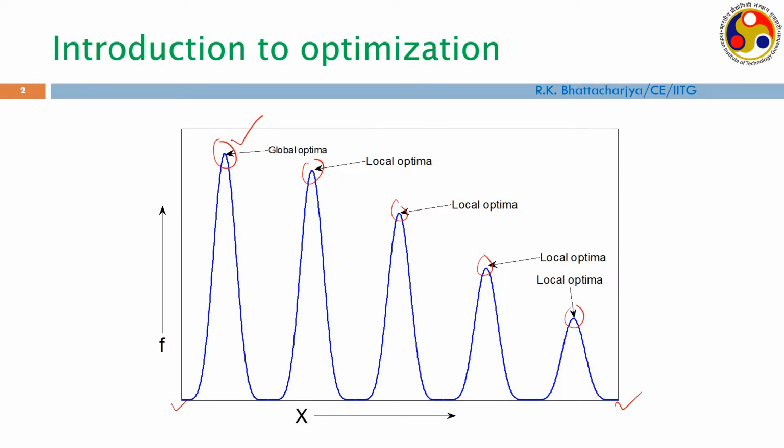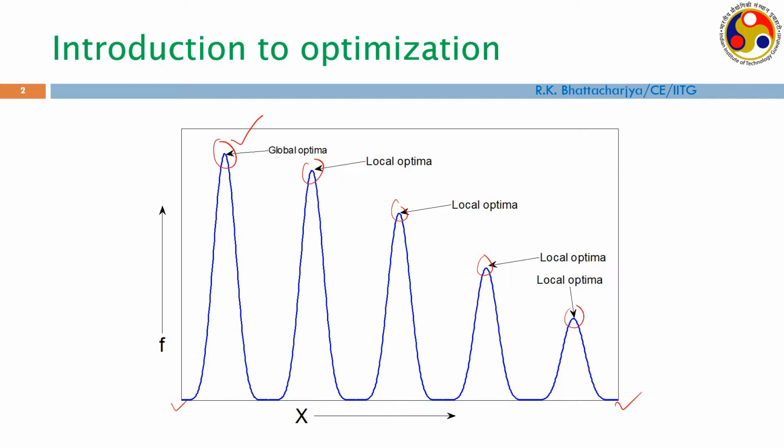The other solutions are optimal, but they are local optimal solutions. You have these 1, 2, 3, 4 local optimal solutions, and in total there are 5 optimal solutions. Out of 5, 4 are local optimal solutions and one solution is the global optimal solution. That is the global maxima.